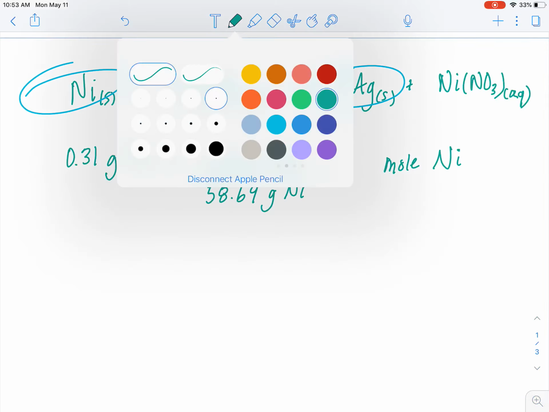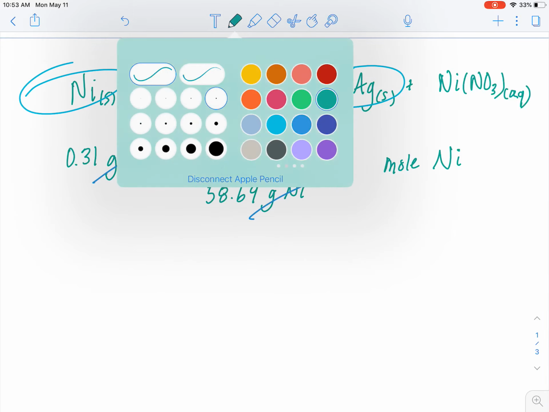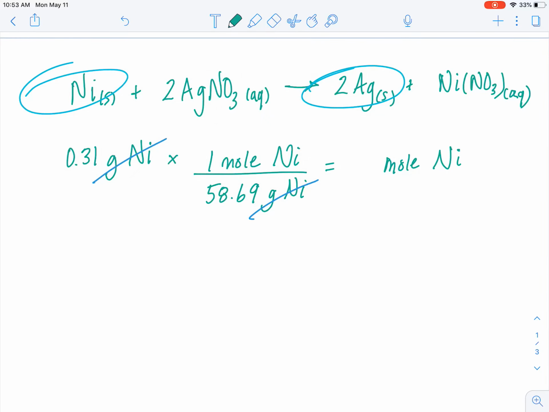The grams of nickel cancel, and you're left with 0.0053 moles of nickel. That's great, but that's not what I want to know. I want to know how many grams of silver are produced.